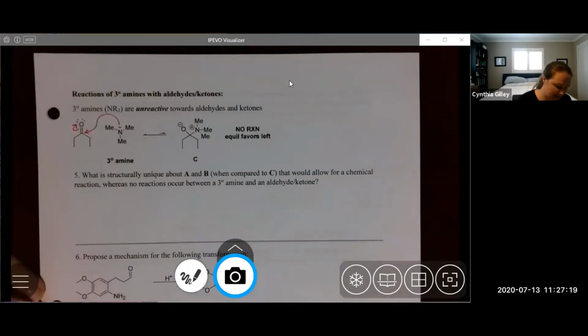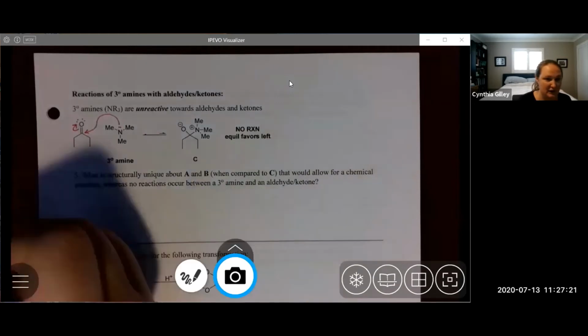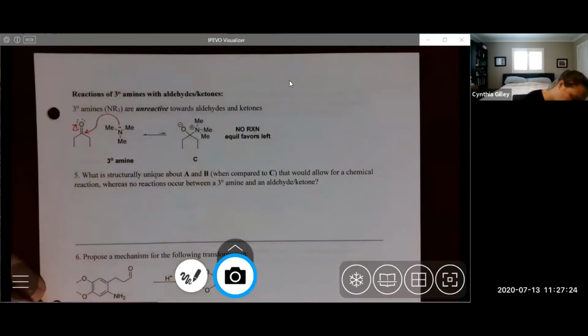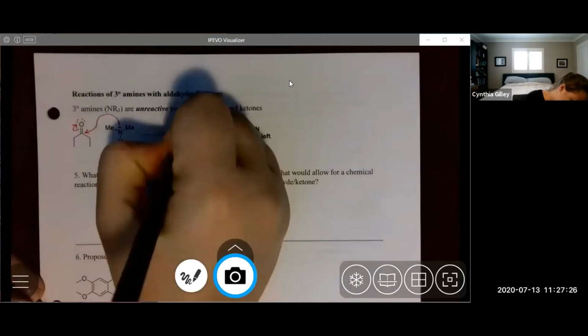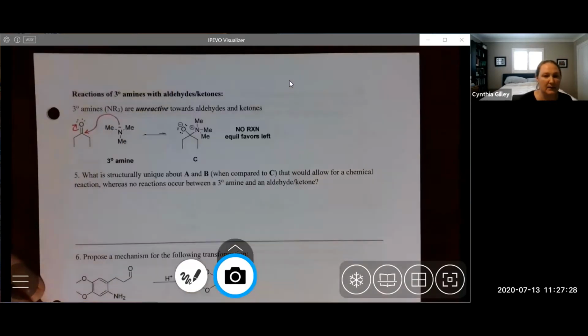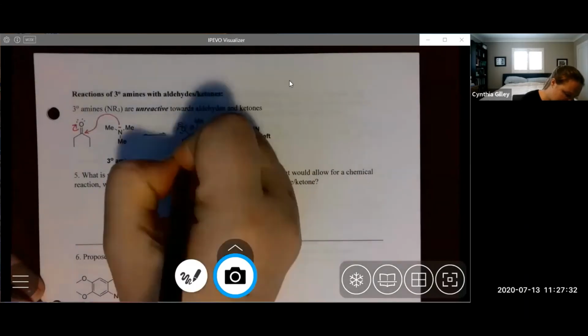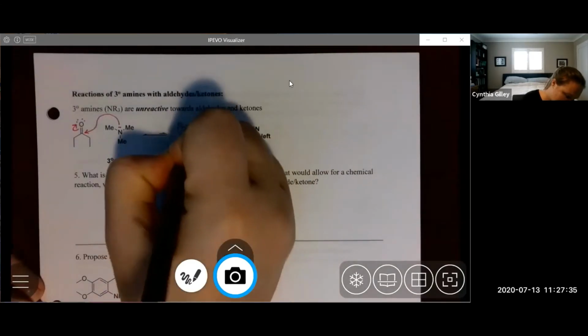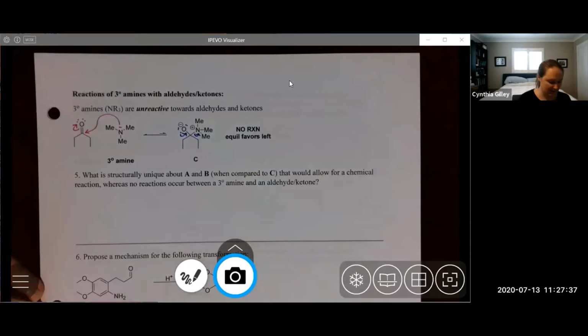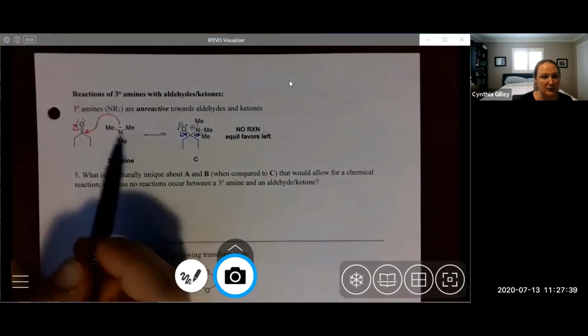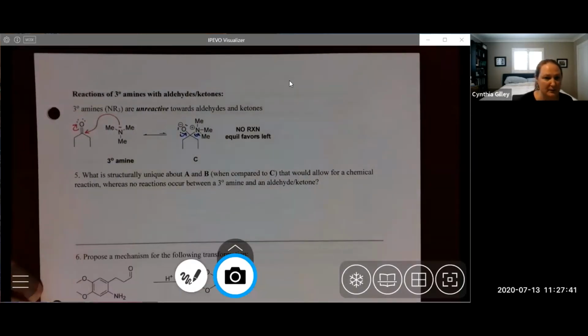So what happens is the reverse reaction occurs, where once this is formed, instead of moving on with a series of proton transfers, we literally just go back. What did a nucleophilic attack can also do is loss of the leaving group in the reverse direction. So this one just doesn't favor a reaction to form a new product because there's no hydrogen.